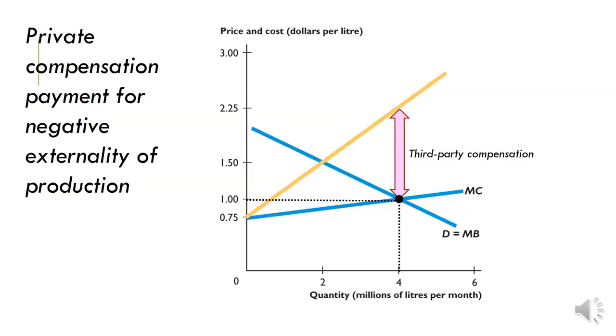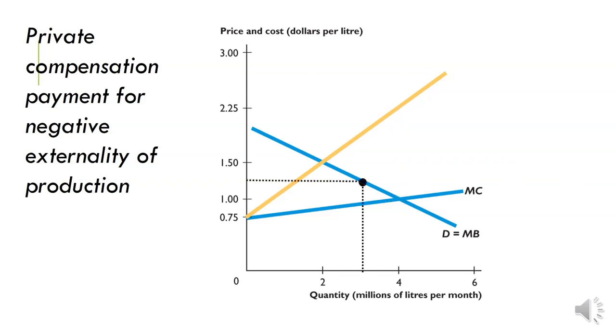And you can see that's not a good deal for the producers, because the cost to them is now going to be $2.25, and the benefit that would be generated by the sale of the product, by the demand, is going to be $1. So they would really make losses out of that. So they're not going to produce at 4 million.